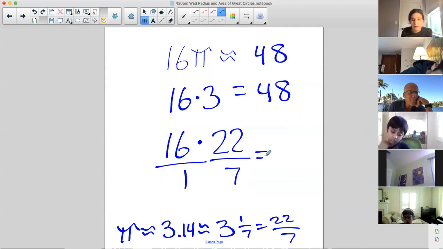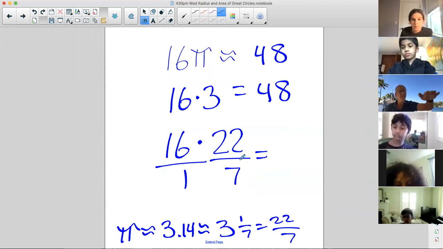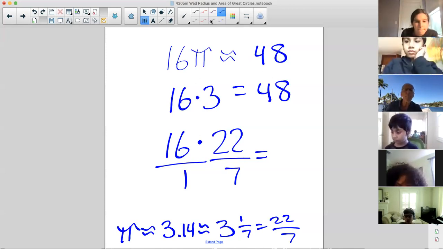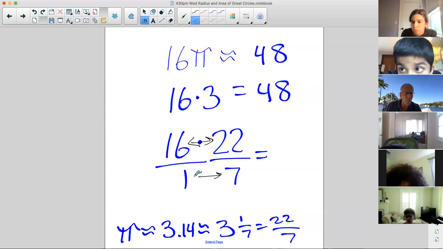When we multiply fractions, everybody, we multiply across. So we multiply 16 times 22, and then we multiply 7 times 1.